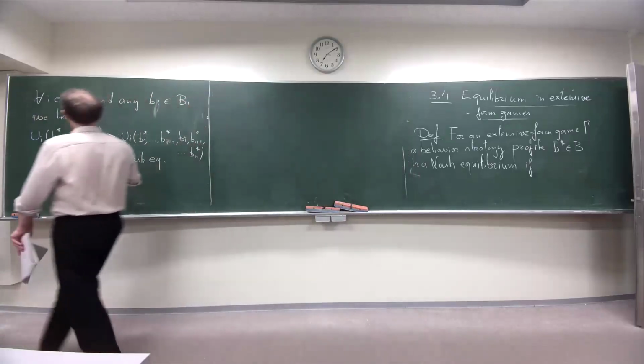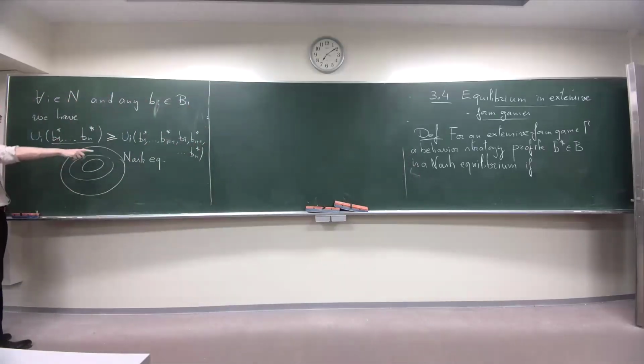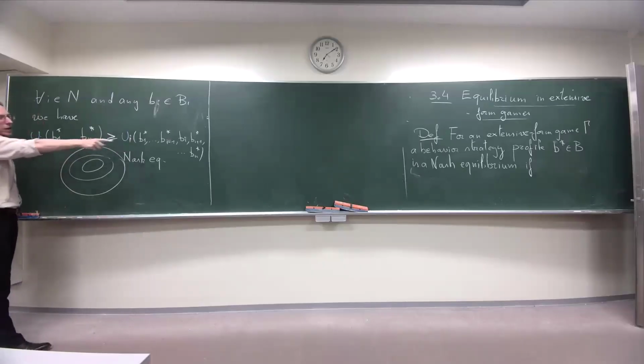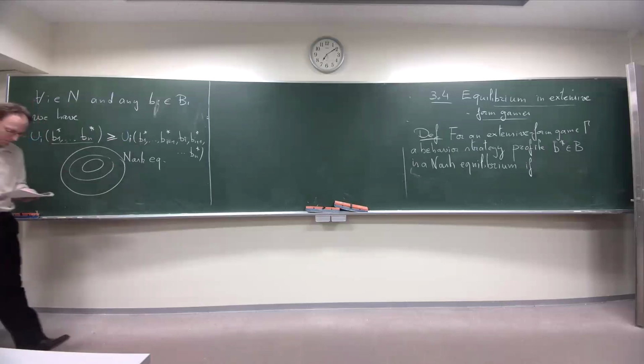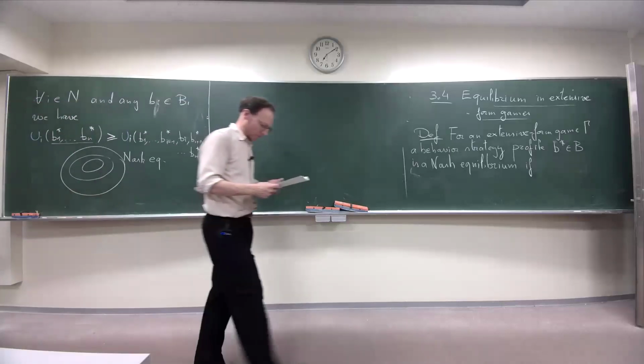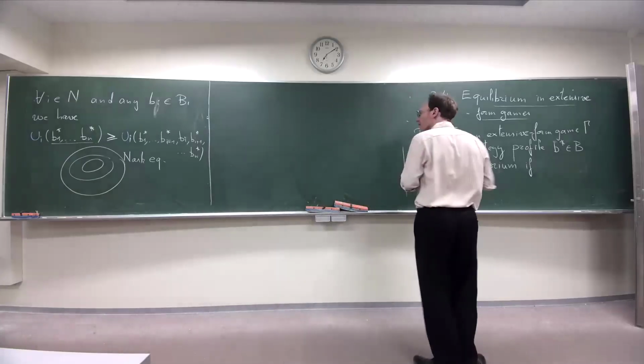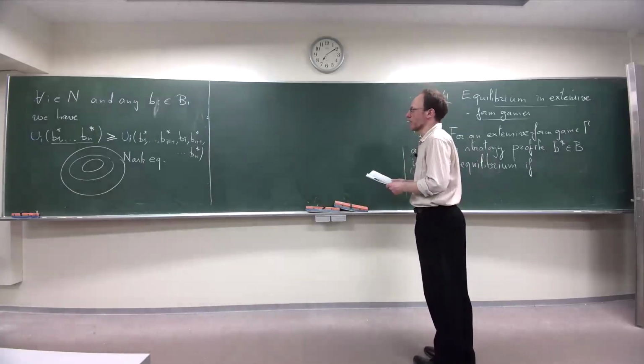It means player i has no interest in moving away from bi star because he would lower his payoff. So this is the definition of a Nash equilibrium.